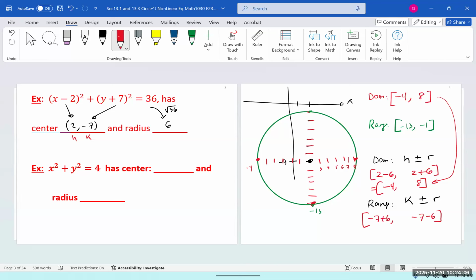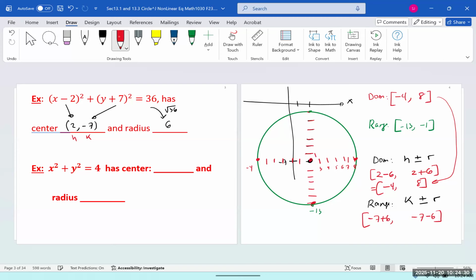If you don't want to use the circle, but you want to find the domain and range, you don't have to draw the circle. The domain is the h value of the center plus and minus the radius. So this center has two numbers, h and k. H is the x value, k is the y value.